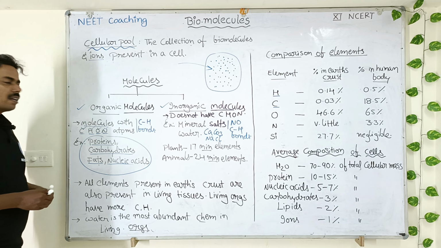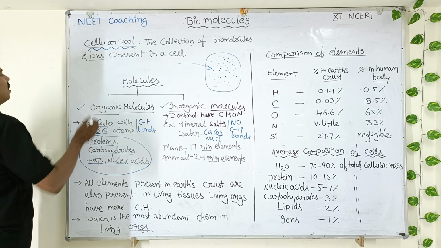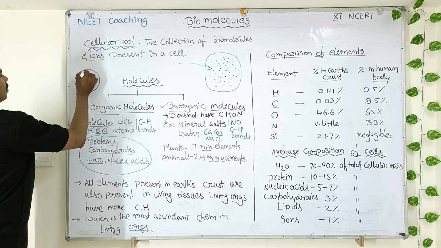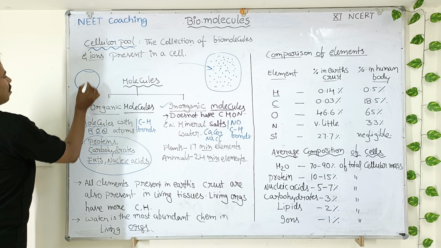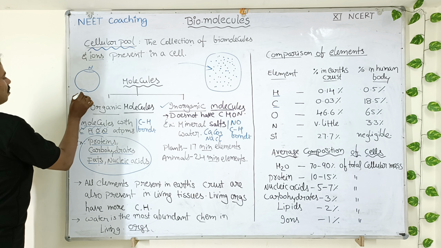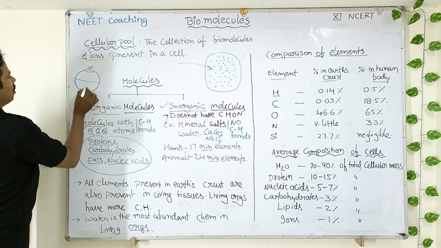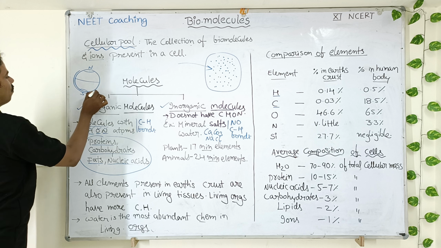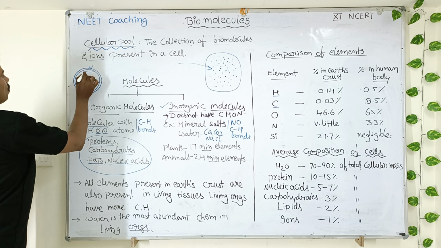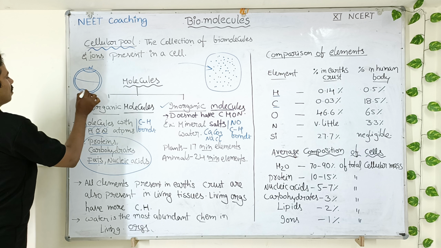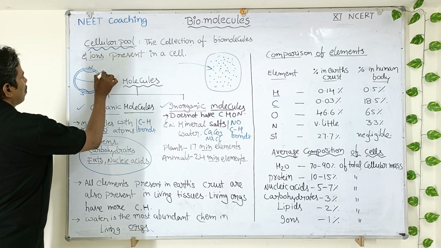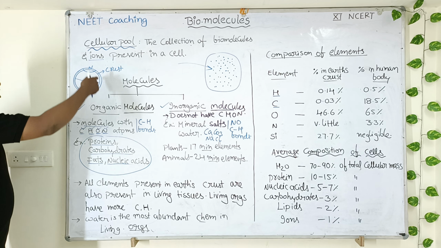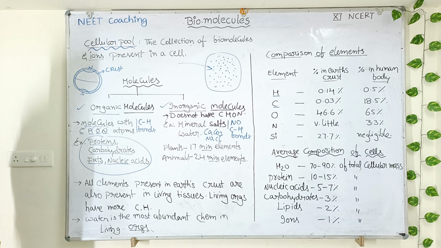Now, look here. If you observe the Earth's crust, imagine this is the Earth. This is the North Pole, this is the South Pole, and this is the equator. What is the outermost layer of Earth called? The outermost layer of the Earth is called the crust.